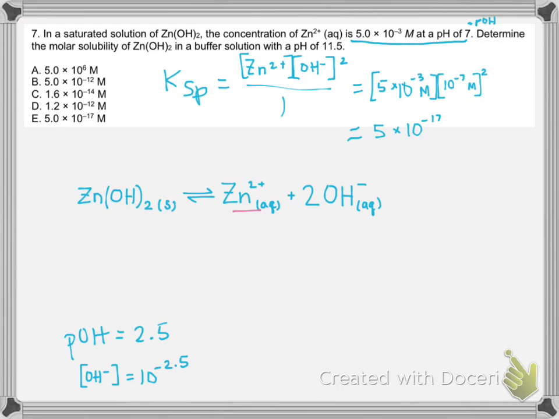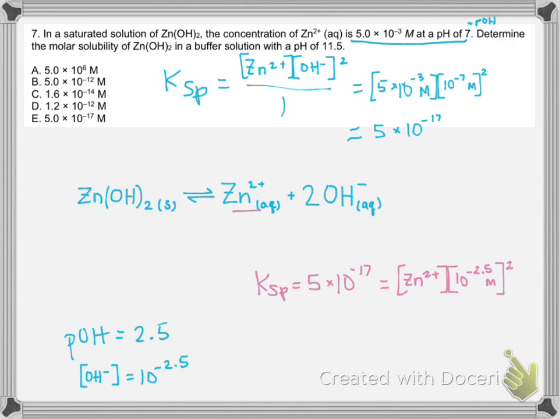So I'll solve for this and say that my KSP, which I found to be 5 times 10 to the negative 17, is equal to that zinc concentration that I'm wondering about, times my hydroxide concentration, which is 10 to the negative 2.5 molar, squared.